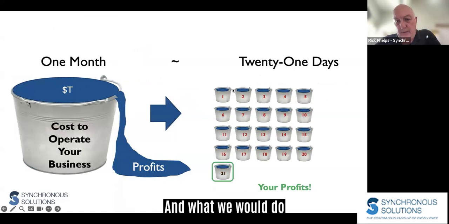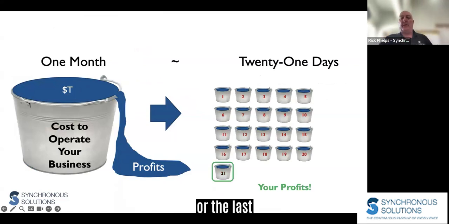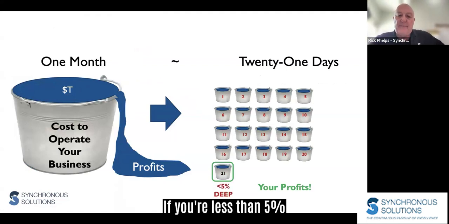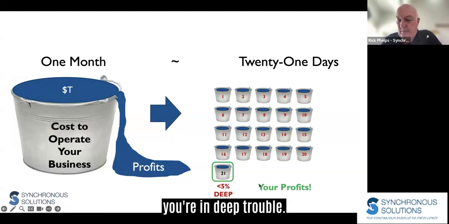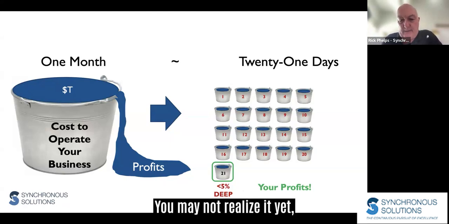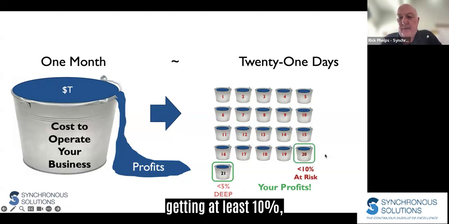And what we would do is fill each bucket, and on the 21st day or the last day of the month, that bucket represents your profits. If you're less than 5% net profit, you're in deep trouble. You may not realize it yet, but if you're not getting at least 10%, your business is at risk.